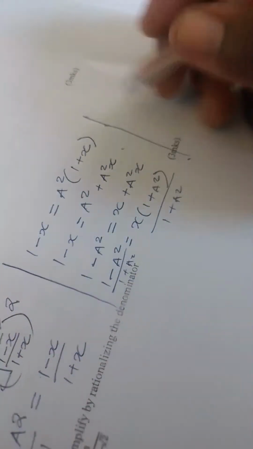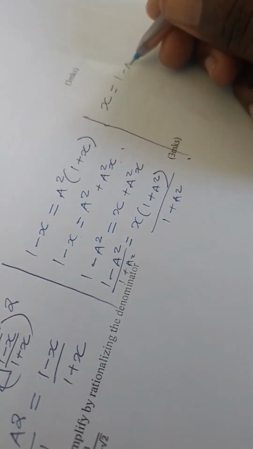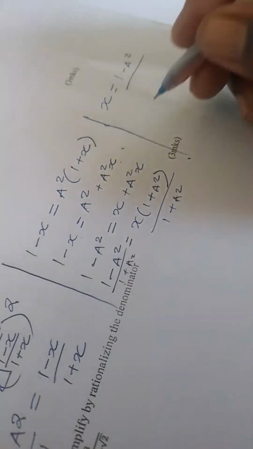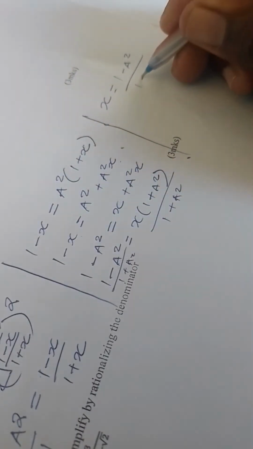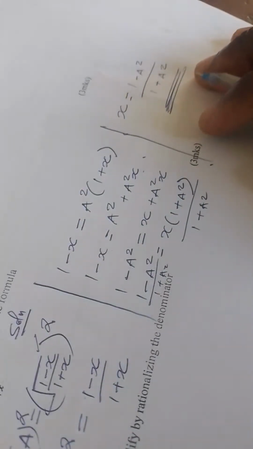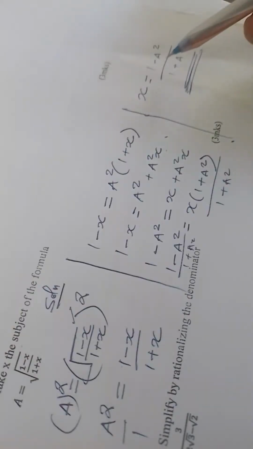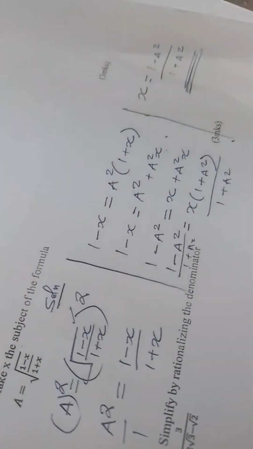For this one will be x is equal to 1 minus a square over 1 plus a square. So that is how we make x the subject of the formula. You can go through the question, look at it, and that is how x will be. x is equal to 1 minus a square over 1 plus a square.